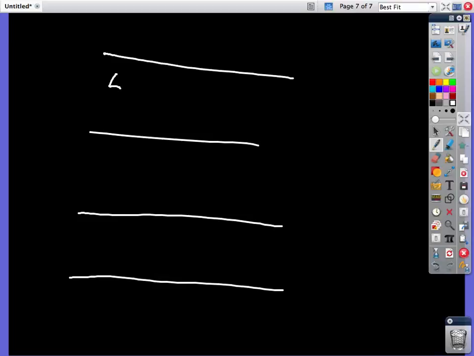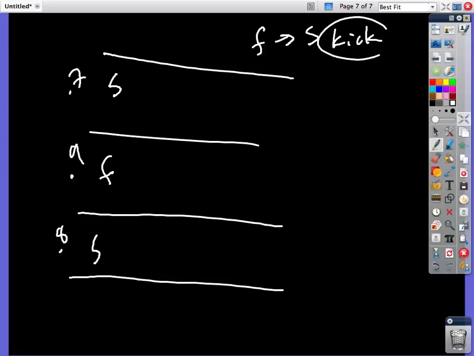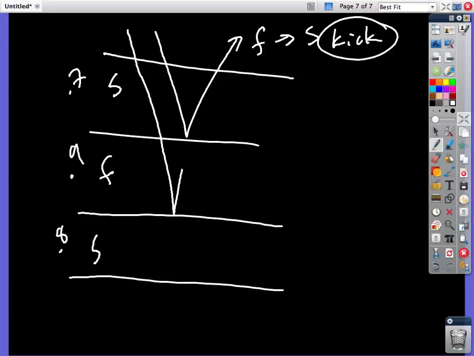And this was slow, this was fast, and this was slow. I think this was 0.7, this was 0.9, and this was 0.8. Okay, when you go from fast to slow, that's the kick. So this beam that went like this, no kick, because it's slow to fast. But this beam, boom, right there, it got kicked. That was the kick right there.